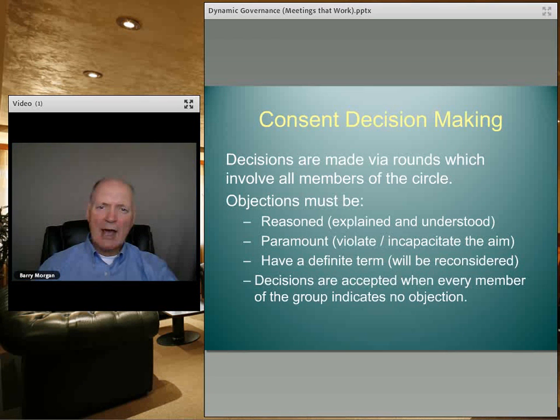Proposals also have a definite term, which means that they will be reconsidered at some point in the future, so that if the circle feels that they don't have enough information to make a decision now, they're not hampered by the fact that this is going to be a concrete decision that will exist forever.